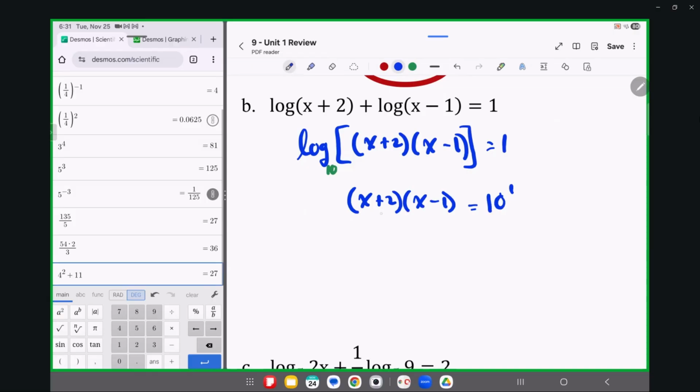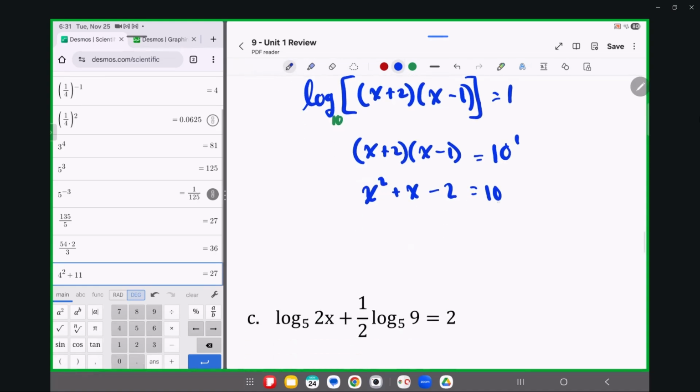Expanding out x plus 2 times x minus 1, this becomes x squared plus x minus 2 is equal to 10. So x times x is x squared, 2 times negative 1 is negative 2, and 2 plus negative 1 of the x variety is positive x. Moving that 10 over, we get x squared plus x minus 12 is equal to 0.